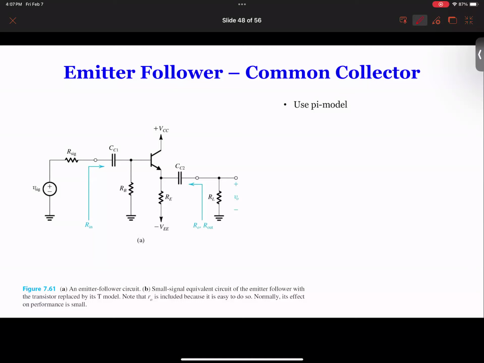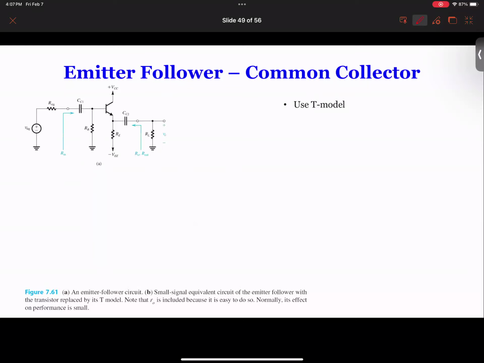For DC biasing, you remove this one, and you remove this input. So it's very easy to look at the DC biasing. Okay. Now, after doing the DC biasing, you find r pi, you find gm, and we can move on to the small signal. Again, we do the pi model, T model. Let's do the T model.